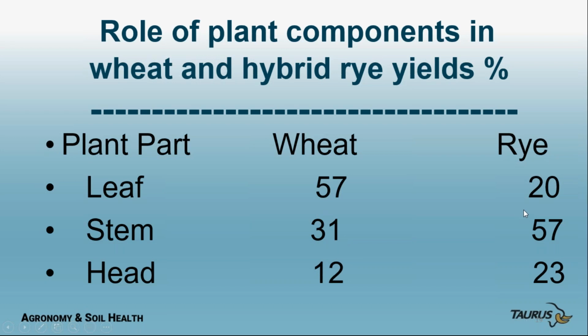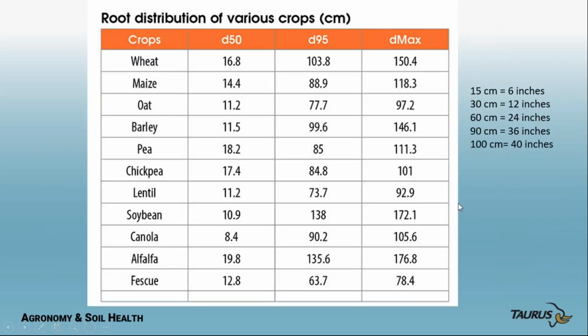But with rye, and some of these hybrid rye are really massive producers, you notice that their stems are really important components of yield production, and not so much the leaves, and maybe that's what gives it an advantage. The stem lasts longer, the nutrients are flowing through, and leaves will give up those nutrients as they're required. It's an interesting thought, but every plant is different. Every plant genetically is different as well, and every plant within the field is acting differently.